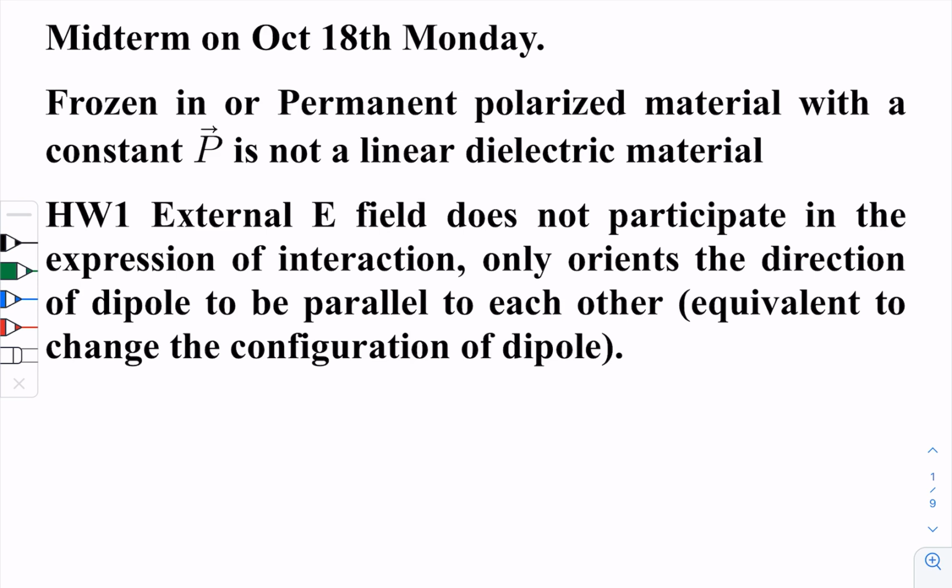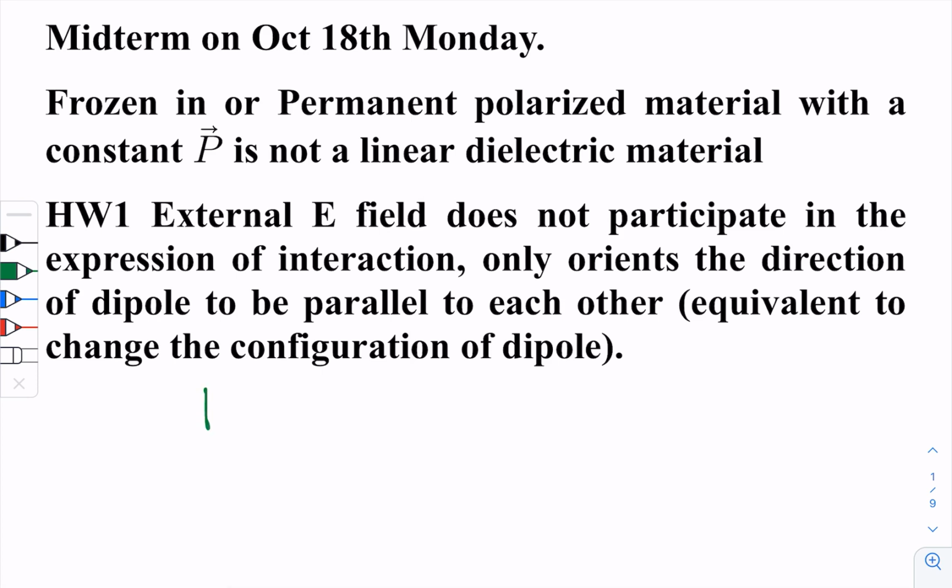So it simply modifies the configuration of the problem, and other than that, it doesn't do anything in addition. So when you are expressing the interaction, E should not participate in this expression.